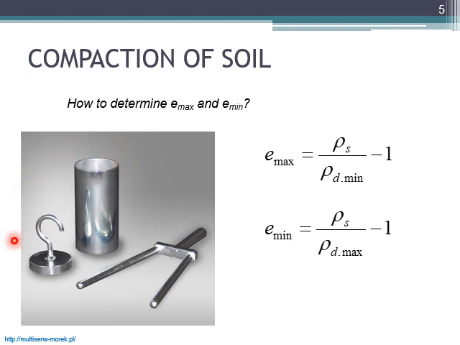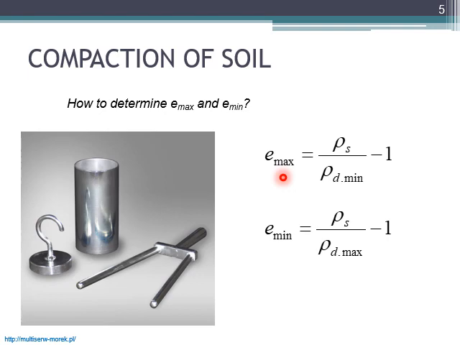So that is the old Polish standard. In American standards, for instance, we are using the cylinders which are similar to the cylinders for the Proctor test. To determine the maximum void ratio, the method is very similar. I mean, you simply have to obtain the loosest possible state of the soil. So usually people use the funnel to create the sample.